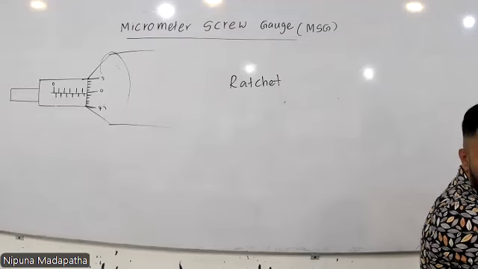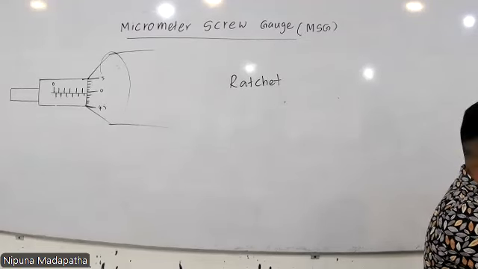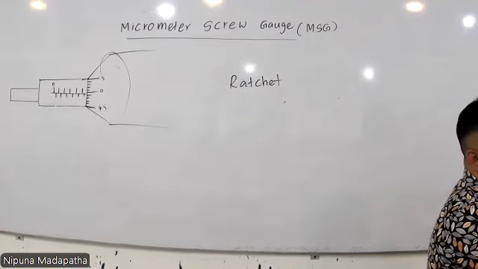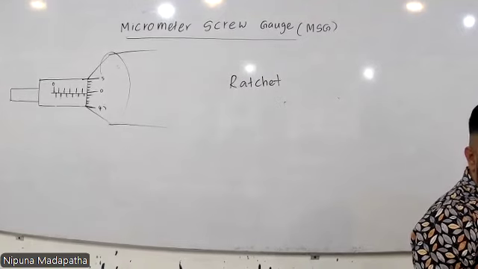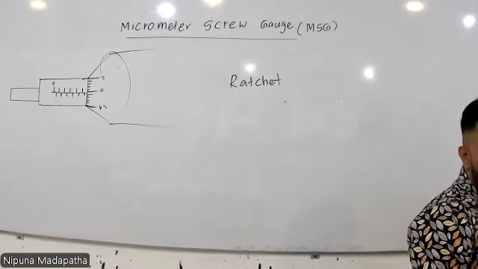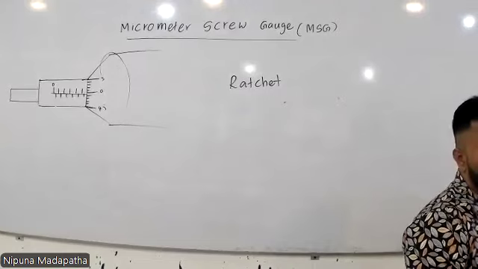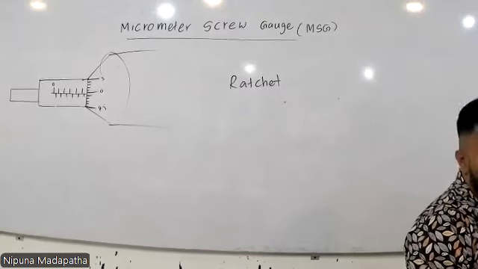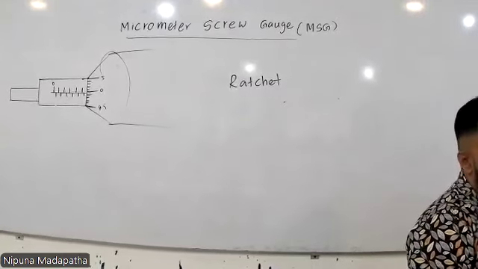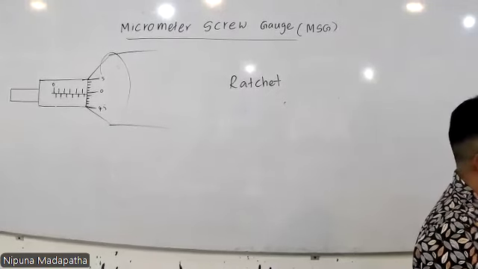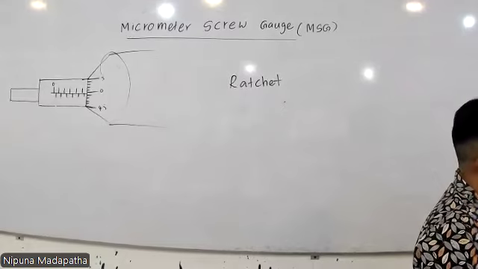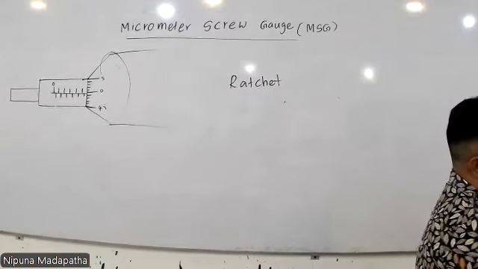What is the result of that? The anvil and spindle put extra pressure on the object we measure. That will cause a deformation of shape and diameter, that will change the diameter of the wire.